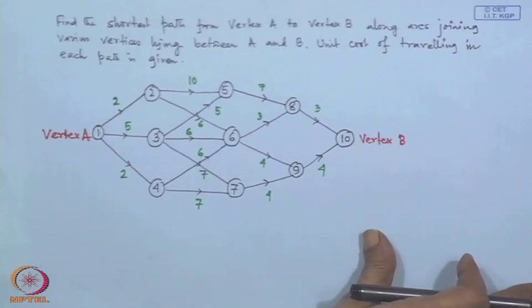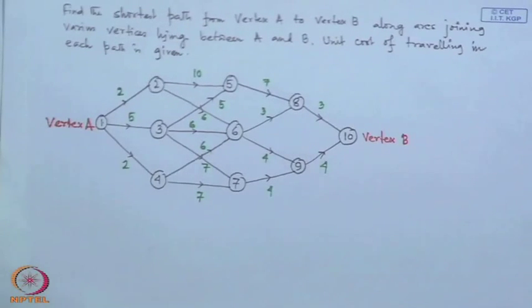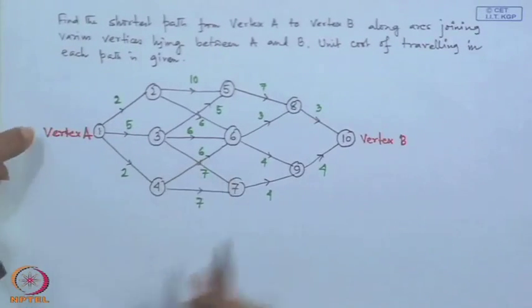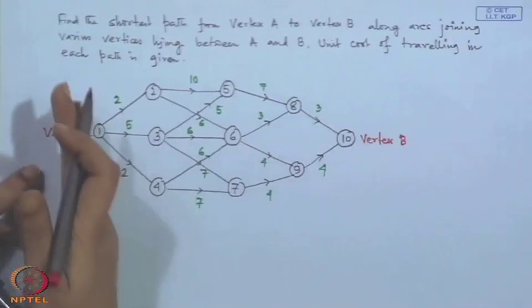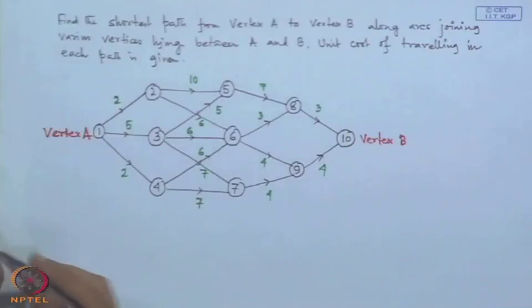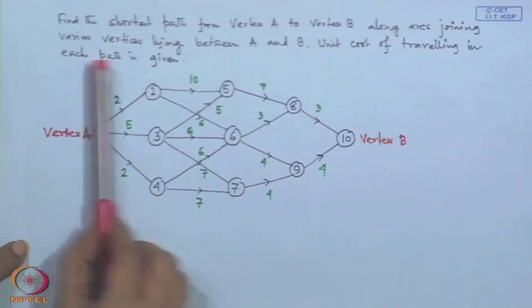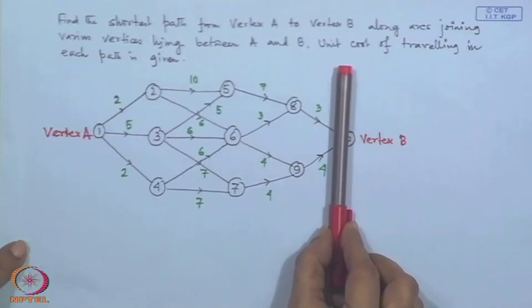How shall we approach this? For approaching this problem, first of all we have to divide the whole problem into different parts. That is why we have to divide the problem into different stages. We can go forward, we can come backward as well. We can start our journey from vertex A, we can start our journey from vertex B as well.